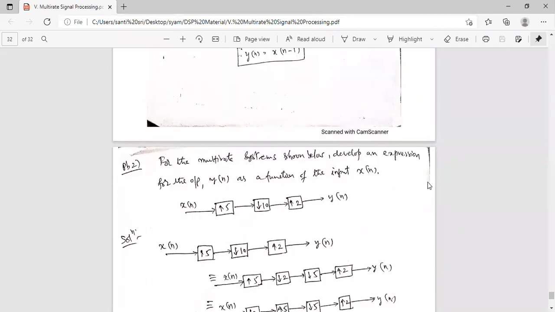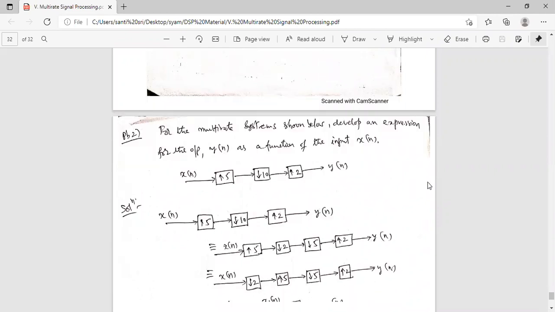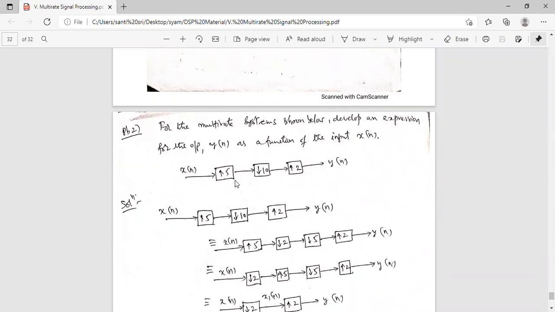The next one is for the multi-rate system shown below. Develop an expression for the output y of n as a function of the input x of n. So this is the given system. x of n goes through a downsampler, an upsampler, and another downsampler and upsampler.